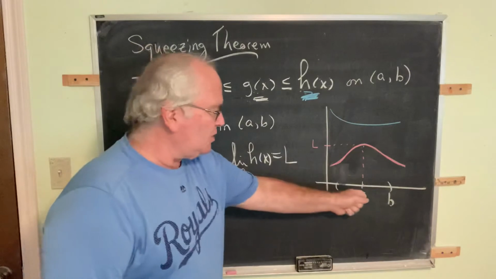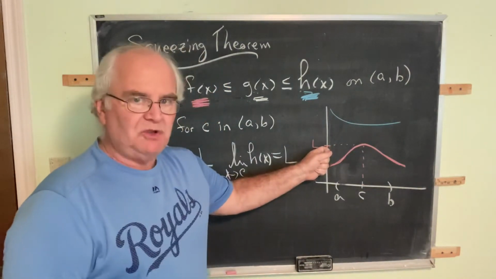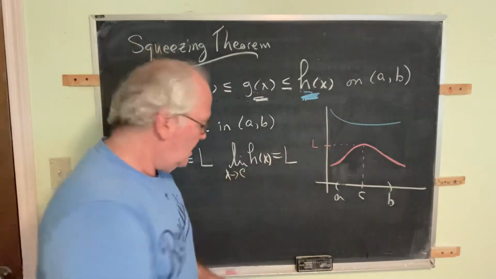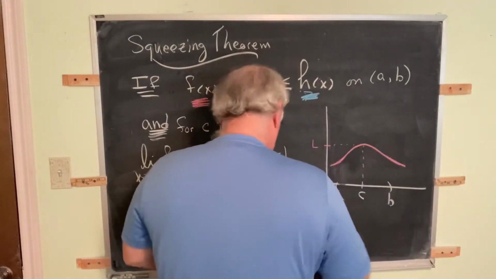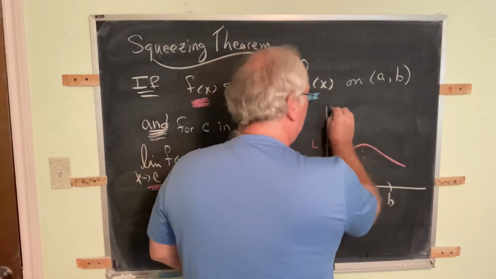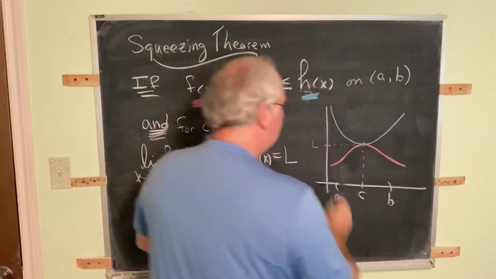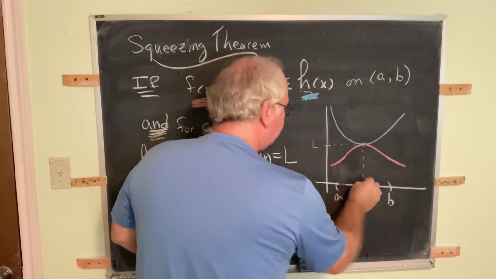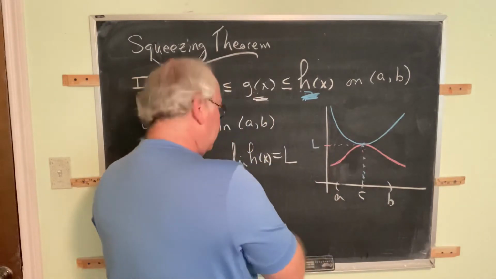Because as you get closer and closer to C, the function h must also approach L. And so what must happen is something along these lines. So L is sort of this purple.